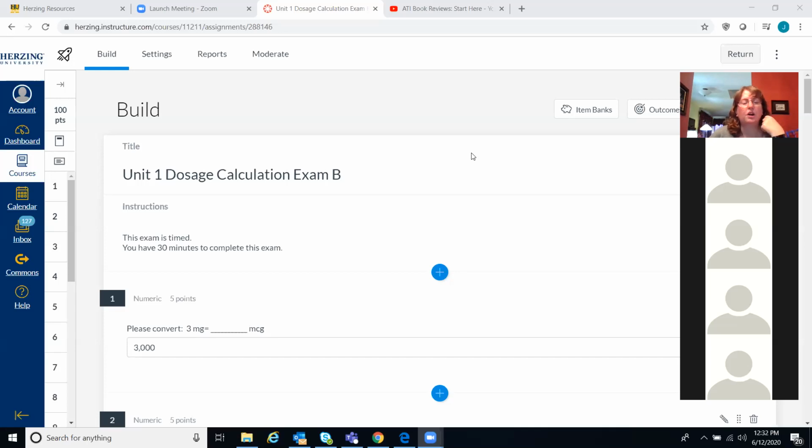All right, why don't you guys write these down real quick? I'll stop sharing for a second so you can just figure these out. For these conversion questions, the first one was 3 milligrams equals how many micrograms?